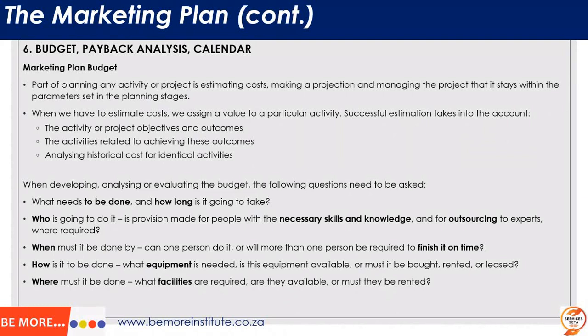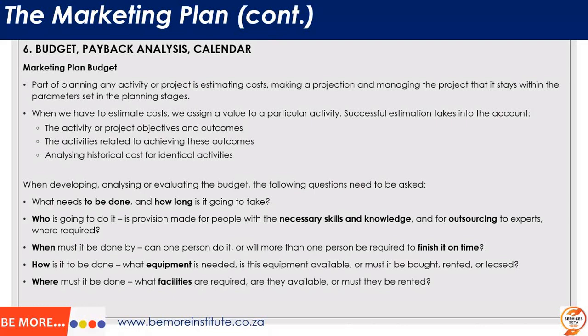And then, when must this be done? You make sure that you are clear in your marketing plan about when things should be ready. So you make sure that you have a proper timeline. What kind of equipment will you need? We know that, for example, Red Bull, as part of their marketing, buy Mini Coopers and brand them.